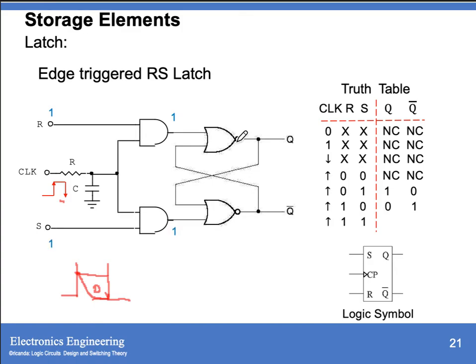And if they are 1, 1, these two NOR gates will generate an output of 0. Remember if you have 1, 1, it will generate an output of 0.